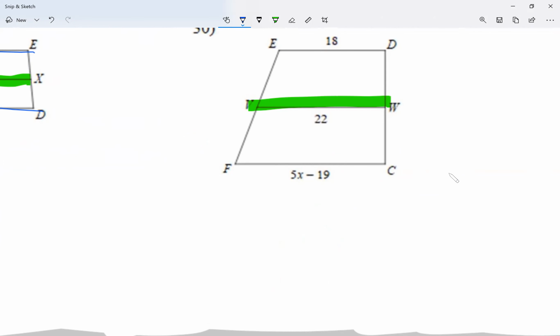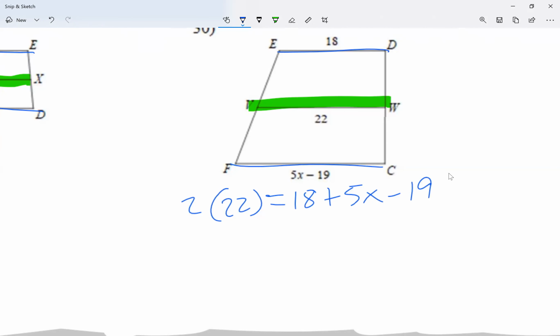That segment in the middle, and I'm going to go 22, all of it times 2. Right? The mid-segment times 2 equals the other two segments combined. And the other two, I mean 18 plus 5x minus 19. So let me write that down: 18 plus 5x minus 19.